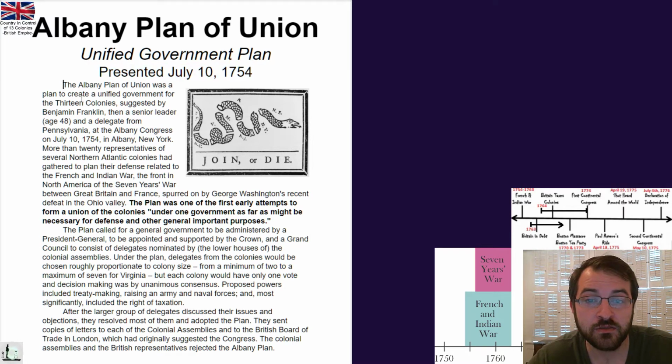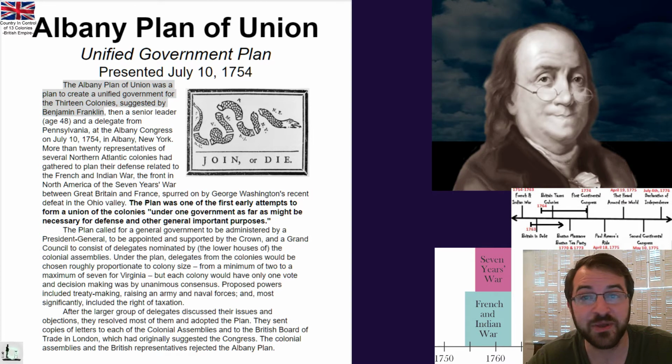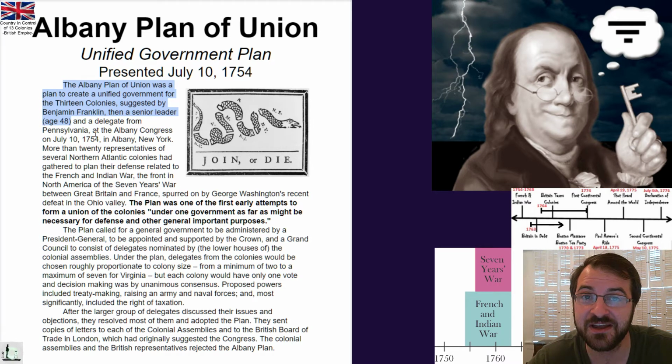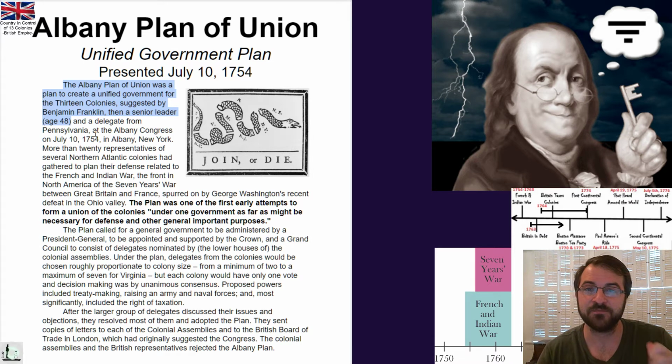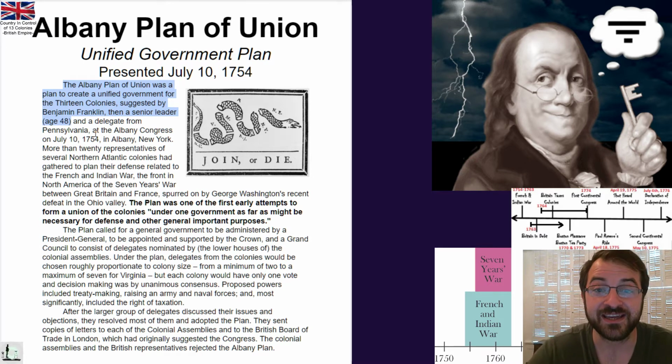So, the Albany Plan of Union was a plan to create a unified government for the 13 colonies. And it was suggested by Ben Franklin, who was then a senior leader. He was age 48 at the time. He's the same guy who did the whole lightning bit with the key hanging from the kite.